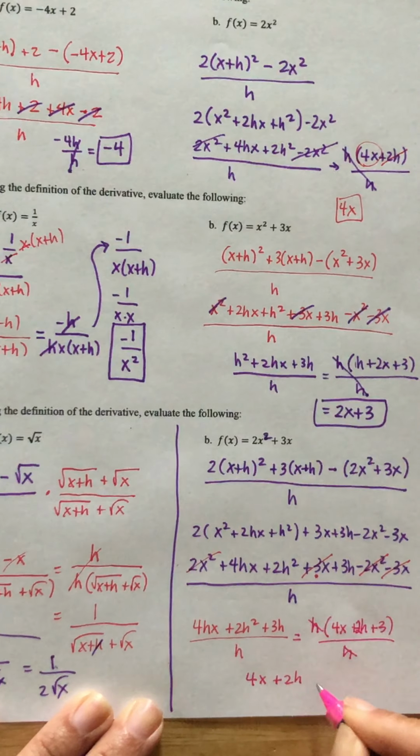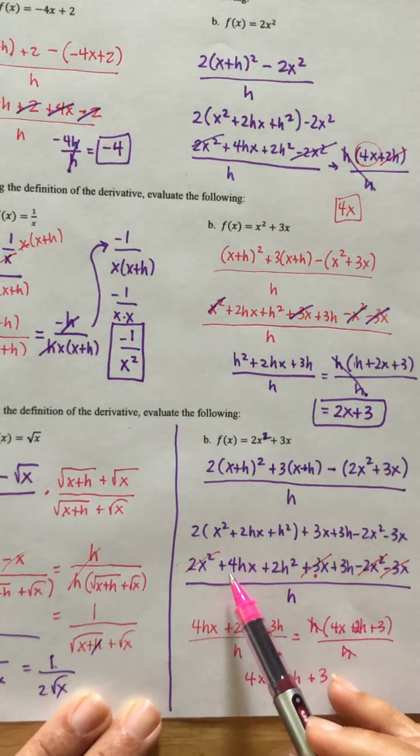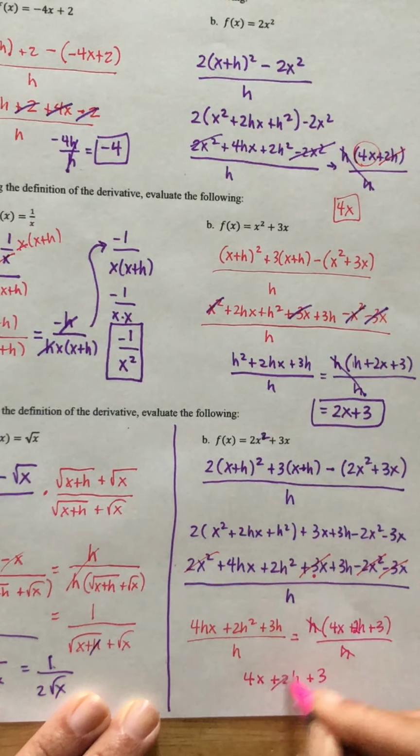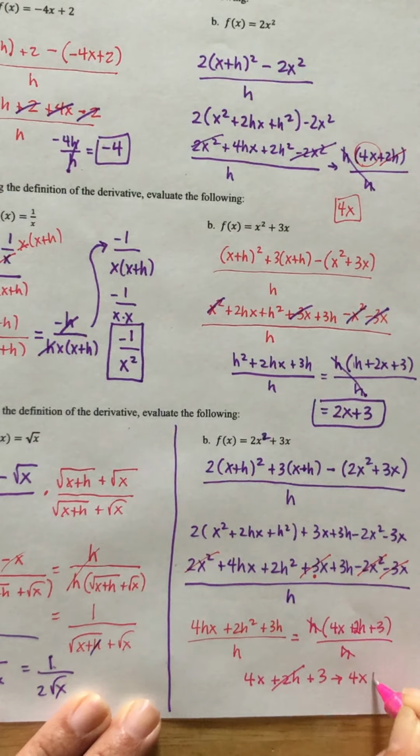Let me just double check my algebra here. I take out an h: 4x plus 2h plus 3. Okay, so those cancel out. Now remember that h is going to 0. So if that h goes to 0, that's going to cancel out, and you're just left with 4x plus 3. And that's your answer.